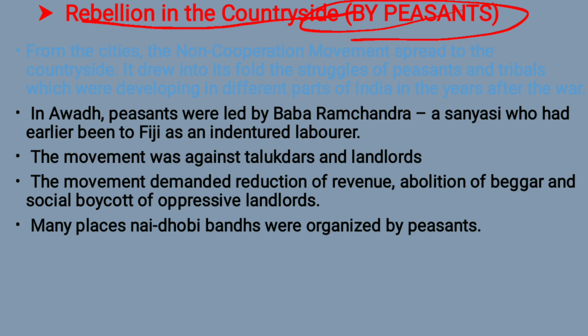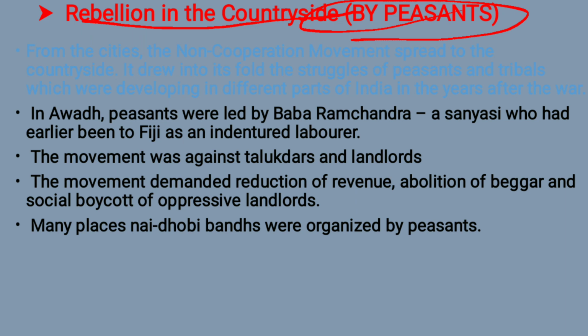It drew into its fold the struggle of peasants and tribals which developed in different parts of India in the years after the war. After the war, the peasants and the small people were not able to buy khadi clothes, were not able to take a full salary to fulfill their stomach. They faced many struggles from this movement.